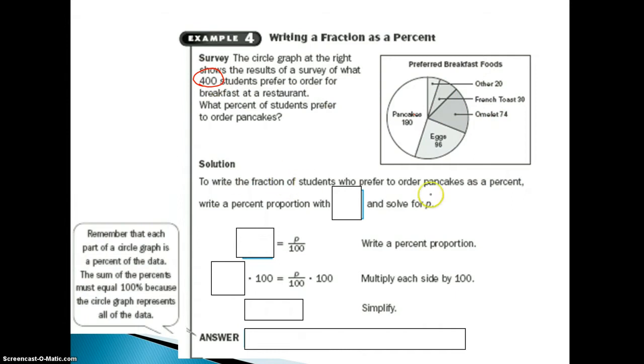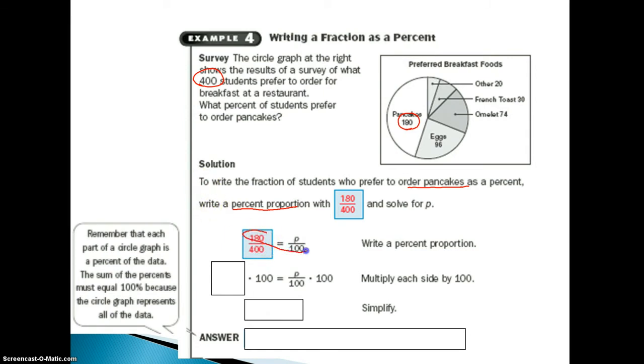So to write the fraction of students who prefer to order pancakes, you need to write a percent proportion with 180 over 400. Why 180? Because that's how many prefer pancakes out of the 400 students that were surveyed. Again, we are writing a percent proportion, so it's 180 out of 400 equals P over 100.